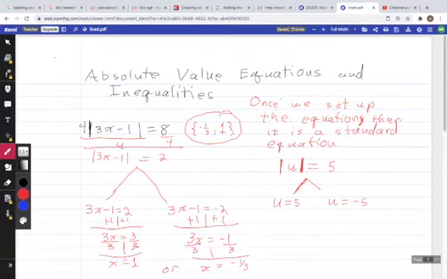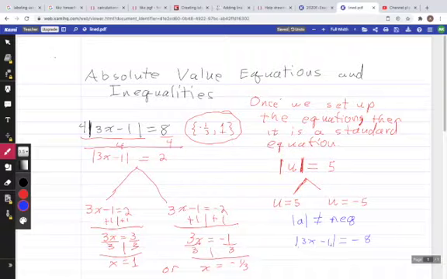All absolute value equations work like this. The important thing to note is the absolute value of a number cannot be negative. So if we had something like the absolute value of 3x minus 1 equals negative 8, this is never true because our absolute value itself always results in a positive number.